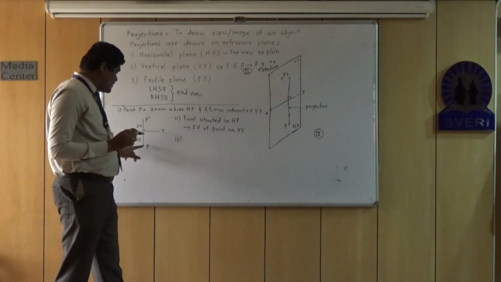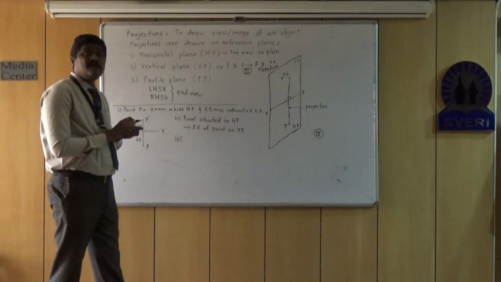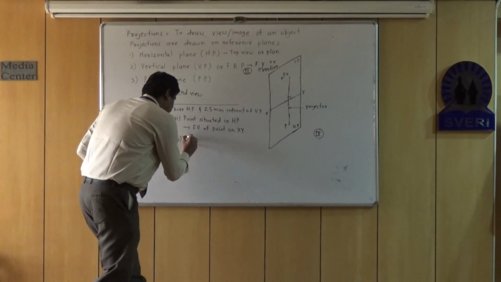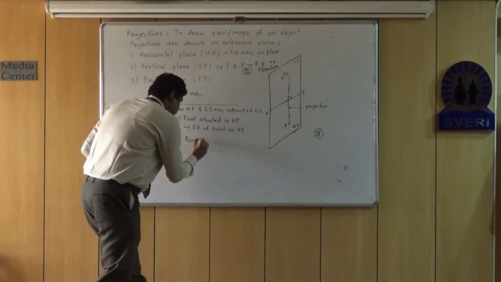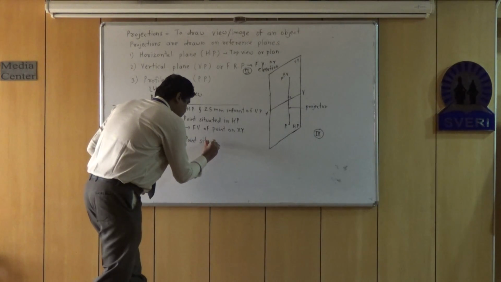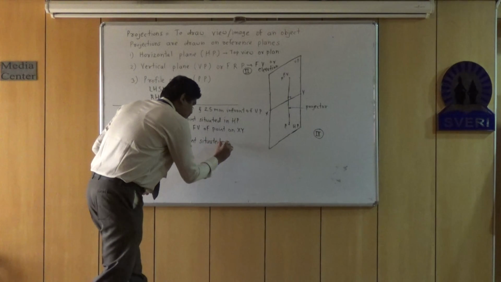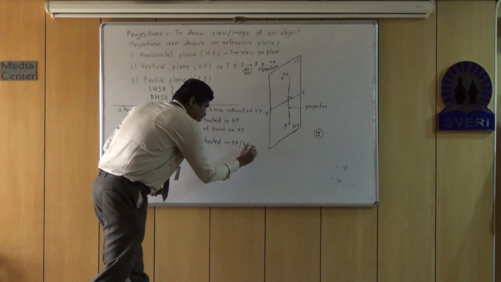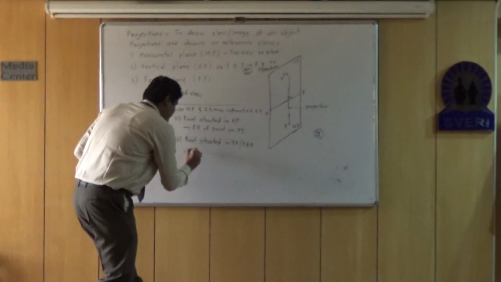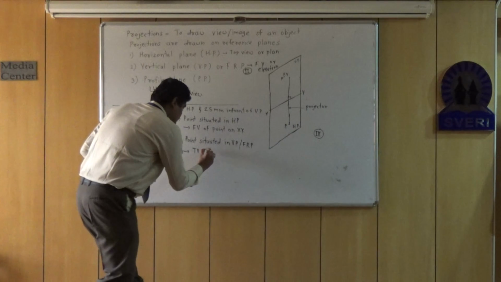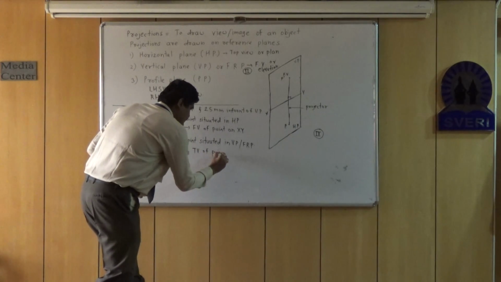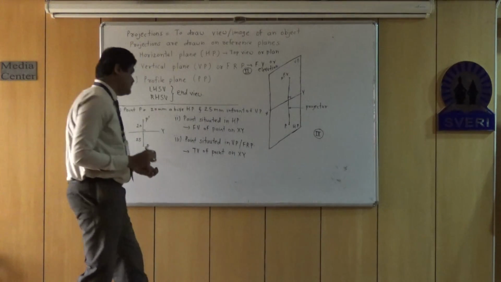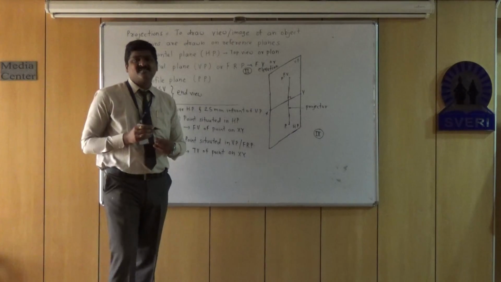Ultimately, top view of the point P will be on XY. So the third conclusion we can write, point situated in VP or FRP, it means that top view of the point will be on XY.